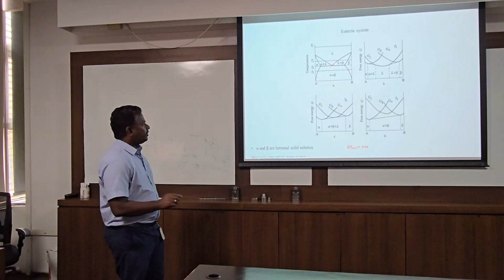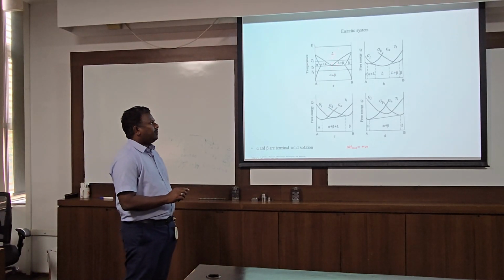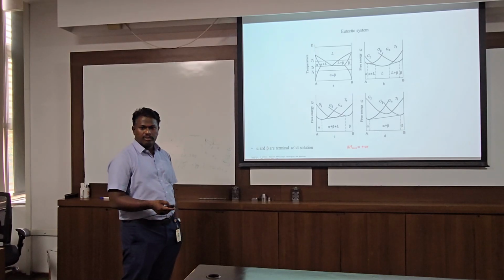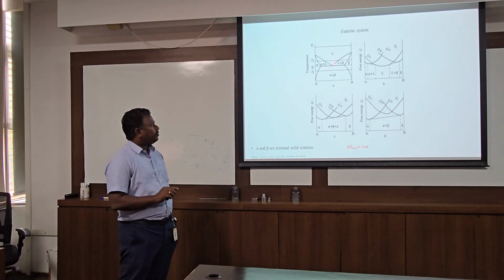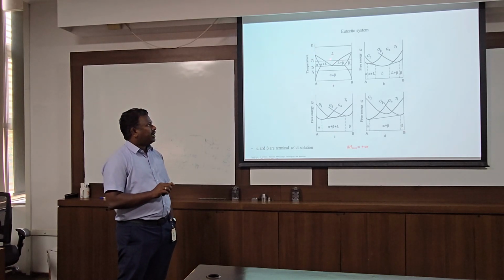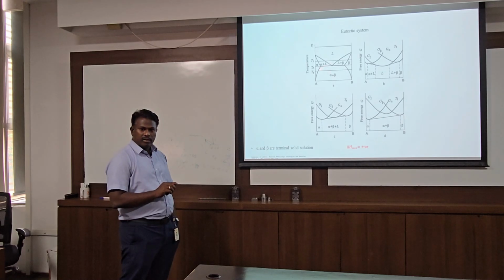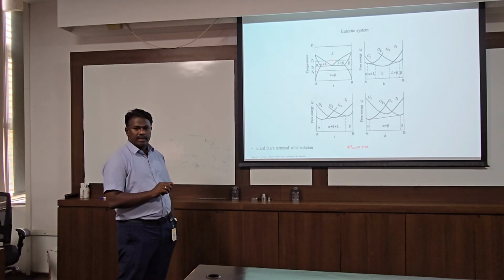So this is the eutectic point where the liquid completely, directly transforms to the two solids. But when you go to this left side, the liquid initially transforms to pro-eutectic alpha, and whatever the leftover liquid will transform again, same as here, to two solids.